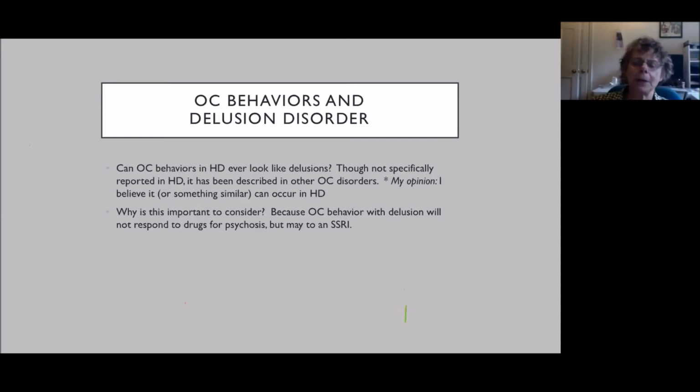The behavior becomes irrational regarding the real thing, the thing that happened, and can become delusional. So I think that's an important point to make, because I'm going to say that it may be potentially useful to try an SSRI.